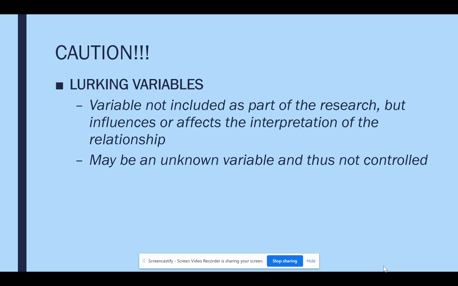Other times it may be something that you know about, but you just couldn't control it in that particular experiment, maybe because of time or various different kinds of issues. So a lurking variable is something that you're unable to control that may affect and influence the interpretation of the results.